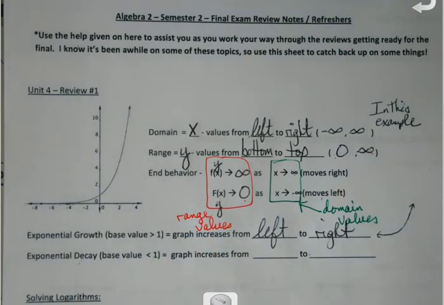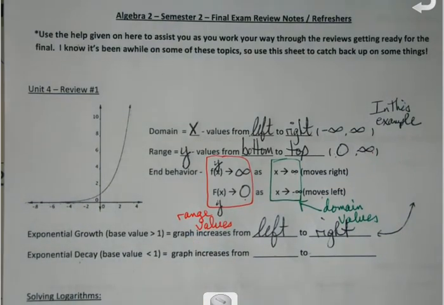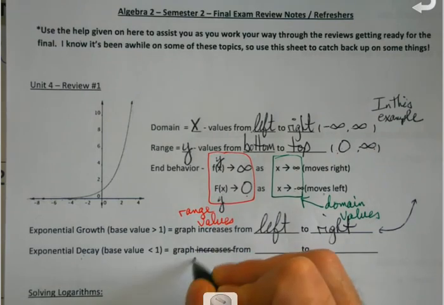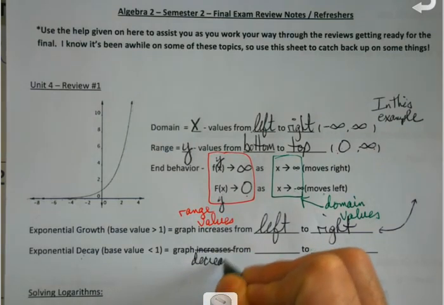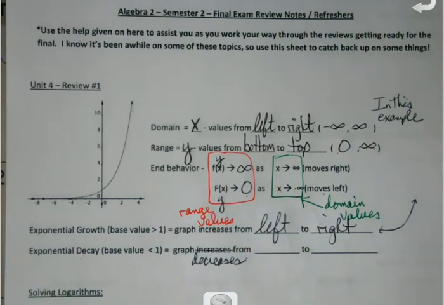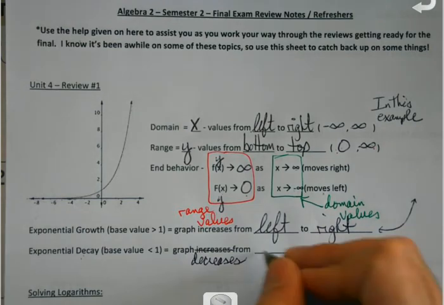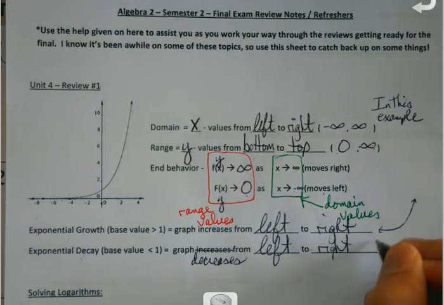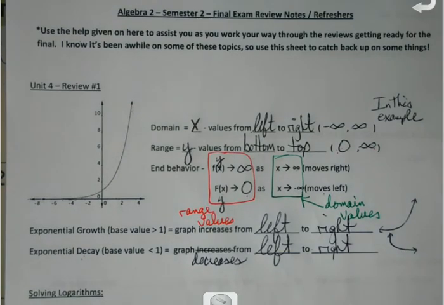However, if it's decay, typically my graph is going to be decreasing from left to right. It's basically going to go downward. It's going to be the inverse of that other graph.